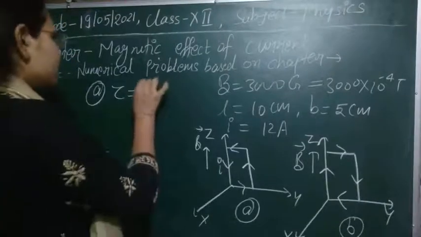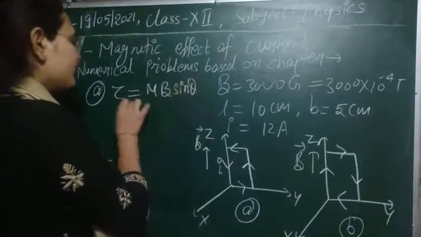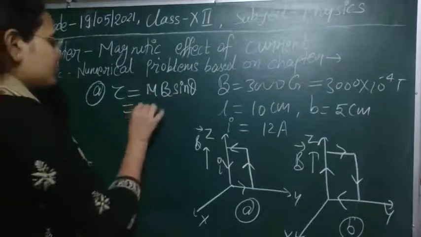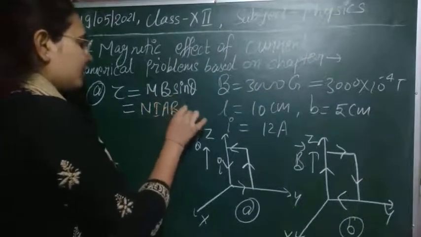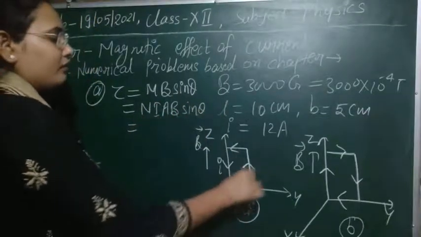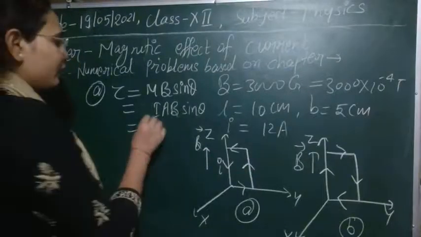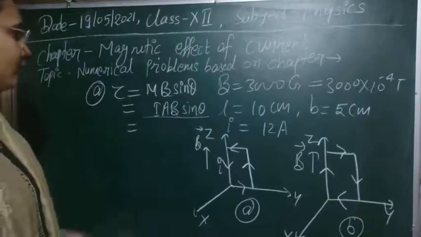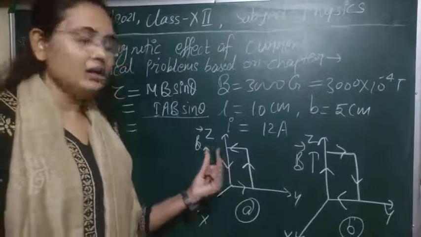If you write down the value of M, this is NIA into B into sine theta. As only one loop we have, the value of N is 1 here. So this is the formula we have to apply for the calculation of the torque acting on this loop when we put it into a magnetic field.